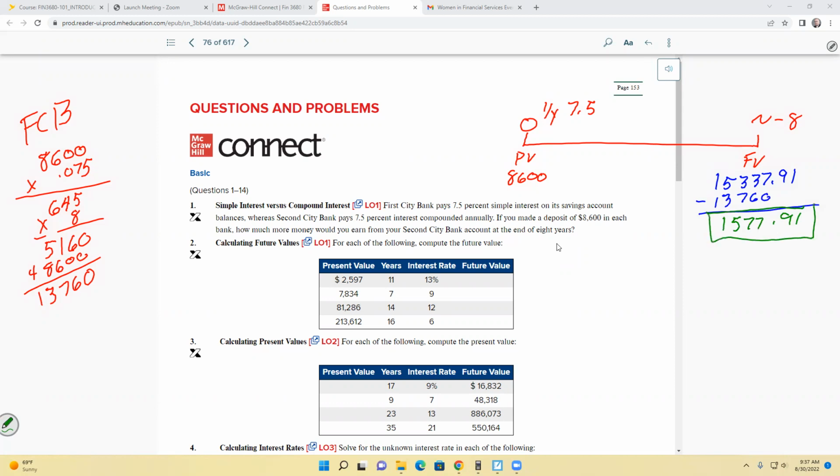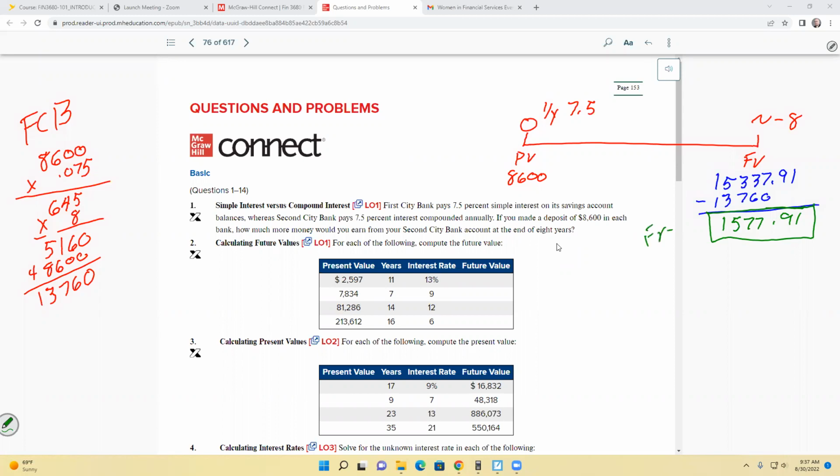1577, right? Now, where does that extra 1577 come from? For interest. The interest on the interest, right? Okay, so that's the interest on the interest, and we call that what? Free interest or free money, right?